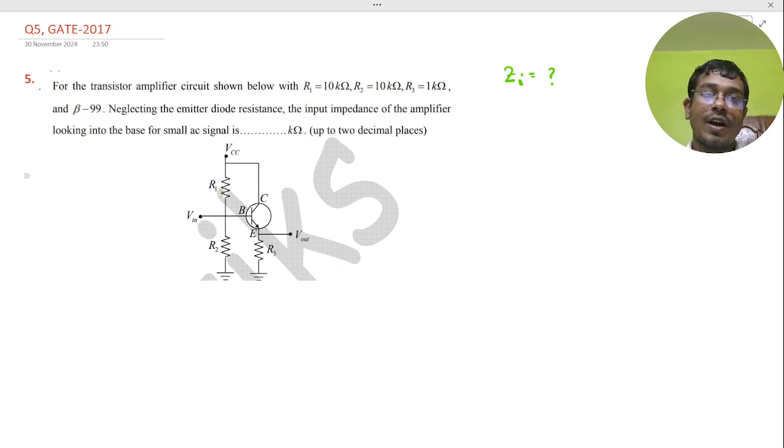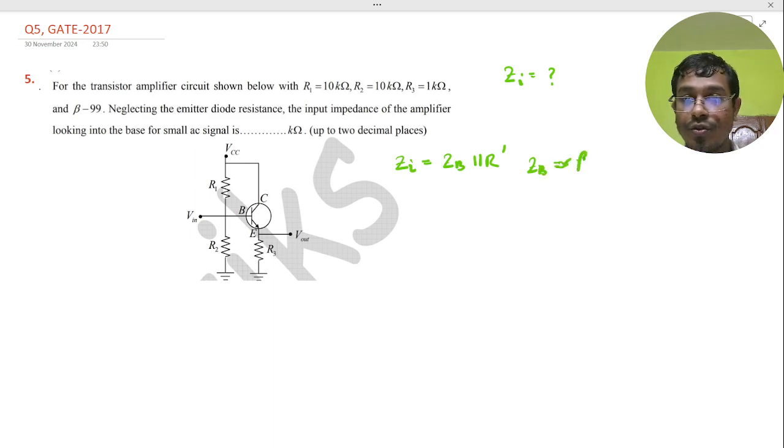This is the R1, R2 and R3, and that would become the voltage divider bias, and we just discussed earlier that the ZI solution would become ZB, the base impedance, parallel to R dash, where ZB nearly equals beta R3, this one is R3 or RE.